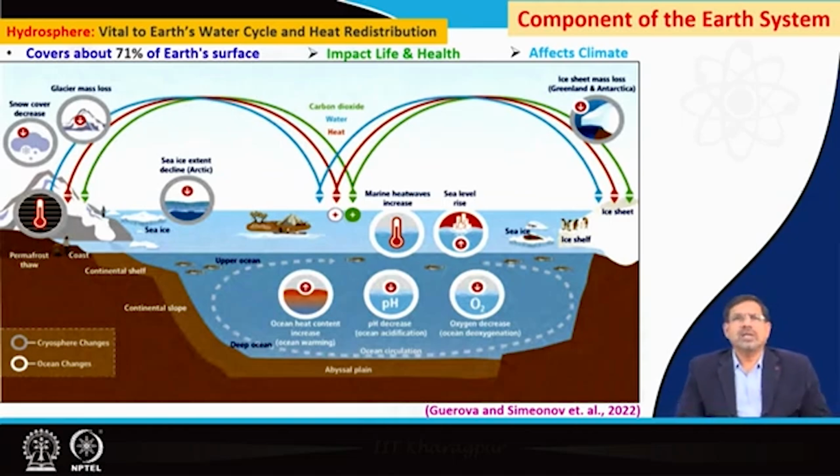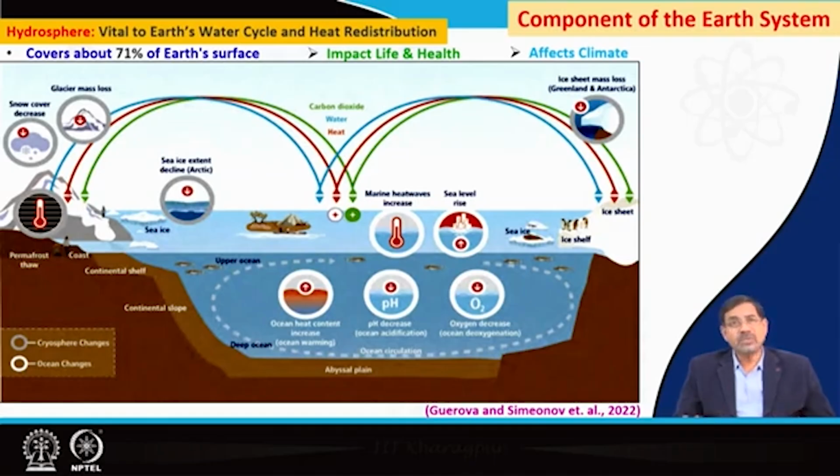So these are all the various processes which are happening, and we relate them to various activities, environmental change, change because of land use and land cover, and human activities, but also many of them are triggered by or linked to the impact of climate change.